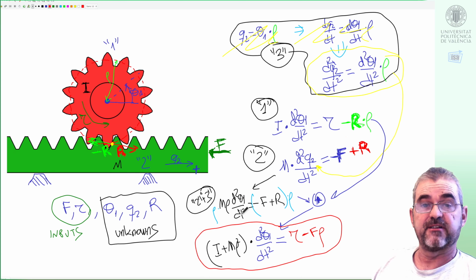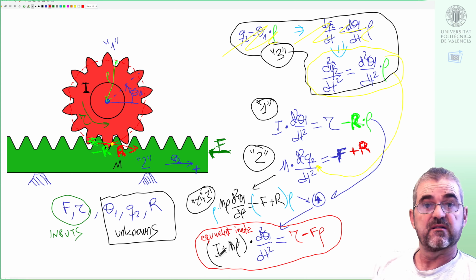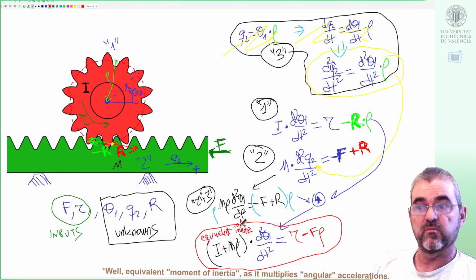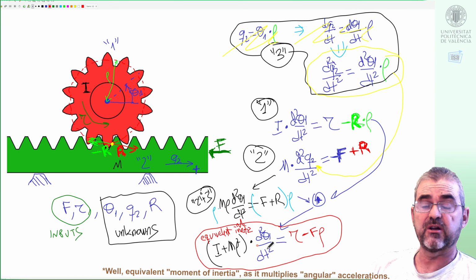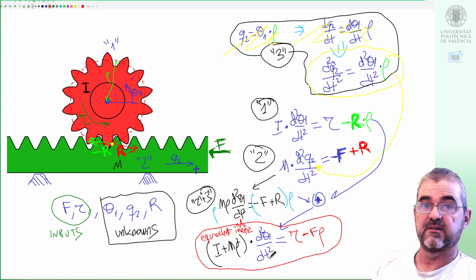So this is what is called the equivalent mechanical model as viewed from the rotation side, from the red body. So this is the equivalent moment of inertia because it's what multiplies acceleration. But in control, for instance, we are used to writing this in normalized form.